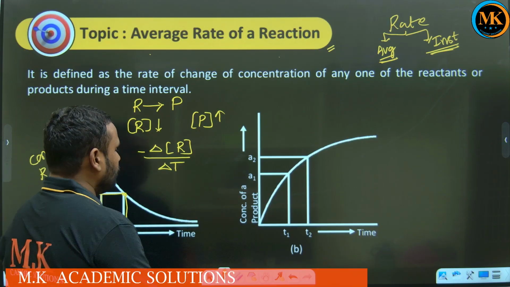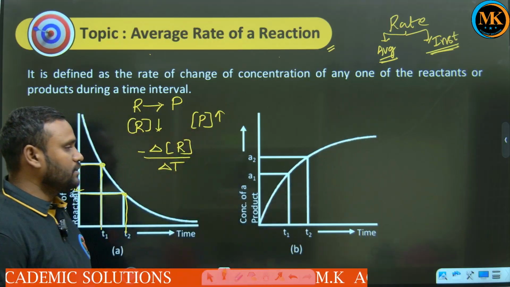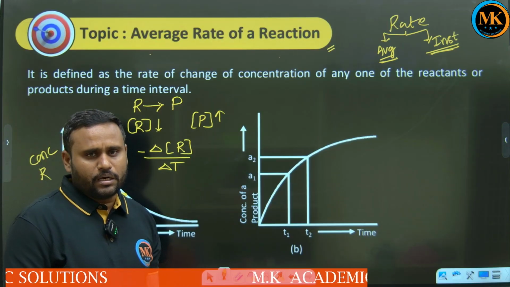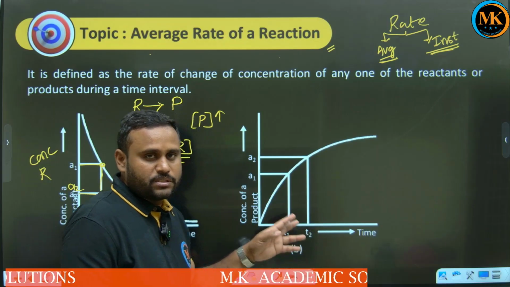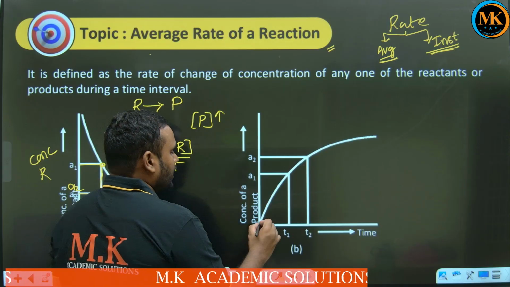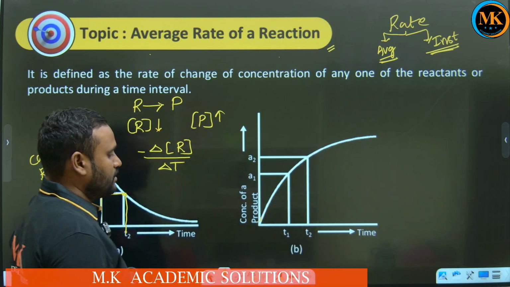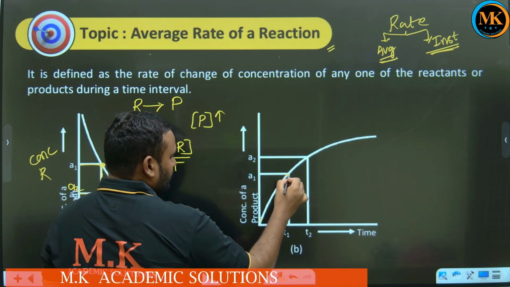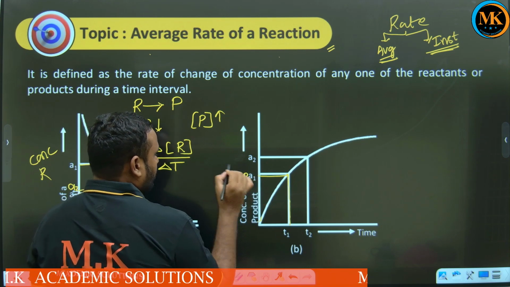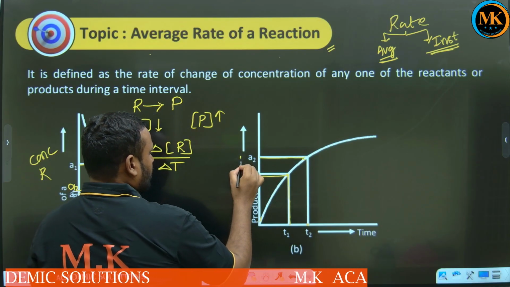And in case of product, we know as time proceeds the concentration of product increases. At initial time there is no product, but as time proceeds, slowly the reactant is converted into product, so the concentration of product increases like this. Consider at time t1 this is the initial concentration of product, P1, and at time t2 the final concentration of product is P2.